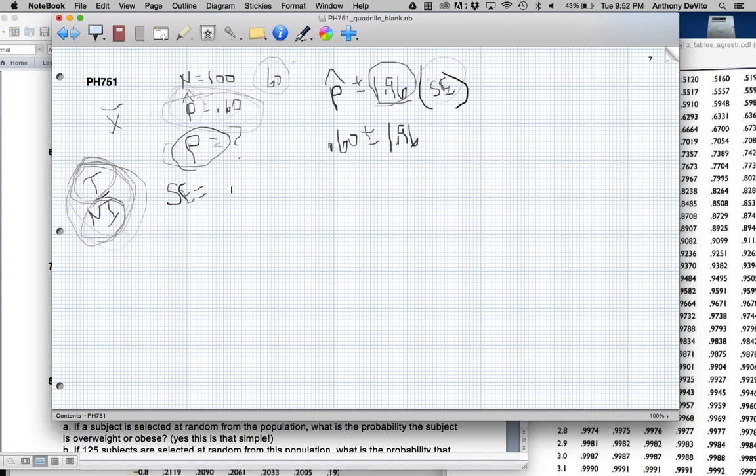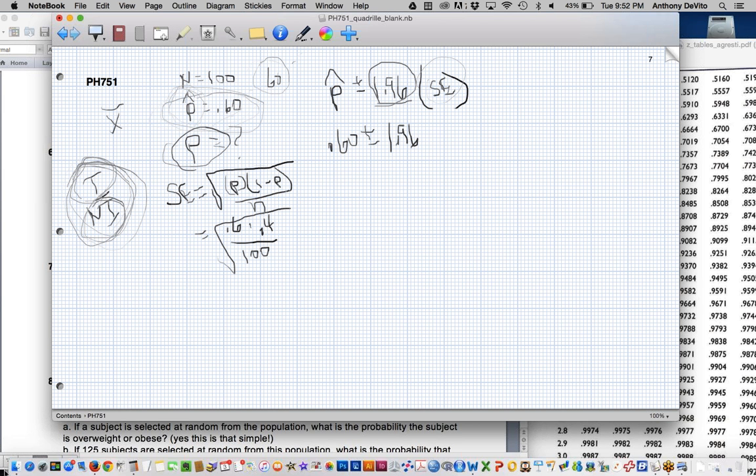We have a formula that we learned before: the standard error is equal to the square root of P times 1 minus P, in this case P cap, because that's what we know, over the sample size. All of this is underneath the square root. So that's going to be equal to 0.6 times 0.4 over 100, and we take the square root of the whole thing.